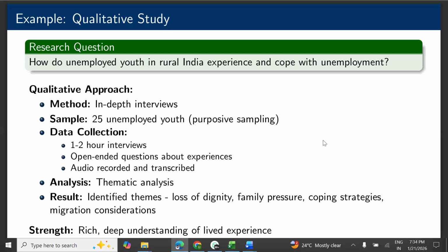For data collection, you take 1 to 2 hour interviews, asking open-ended questions about experiences, recording the audio and transcribing it. The analysis you will follow is thematic analysis. The results will be identified themes: loss of dignity, family pressure, coping strategy, or migration consideration. This might be the result. The strength of qualitative studies is rich, deep understanding of lived experiences.